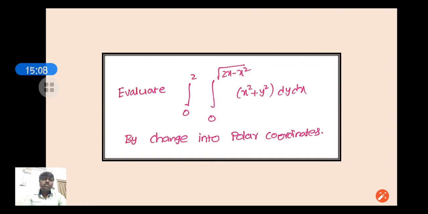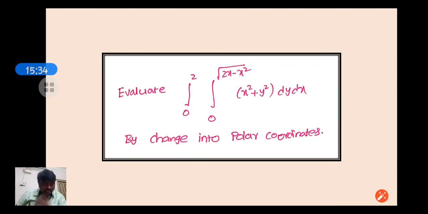Now go through one more example. Evaluate integral 0 to 2 integral 0 to root over 2x minus x square of x square plus y square dy dx by changing into polar coordinates.